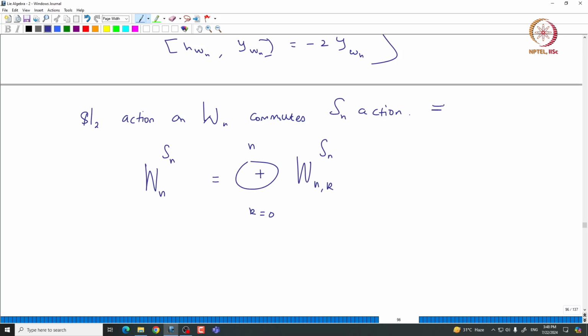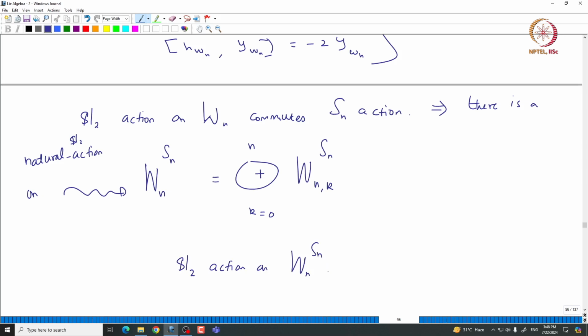So, this implies there is a natural SL2 action on this space W_n^{S_n}. In particular, we have this SL2 action on W_n^{S_n}.